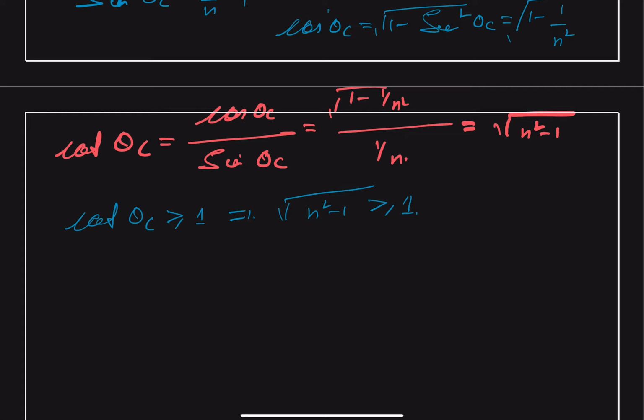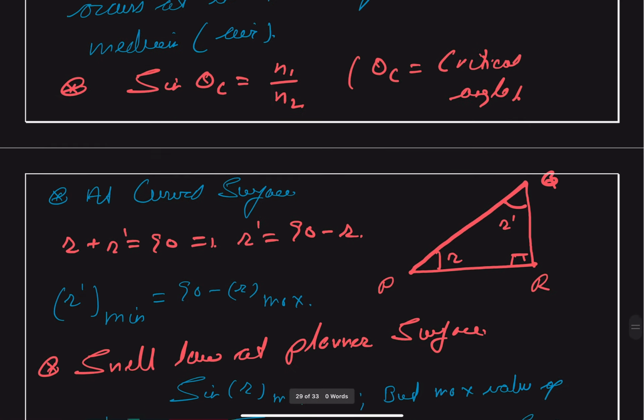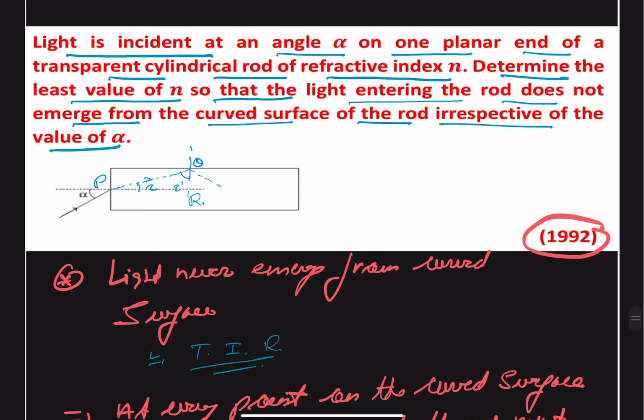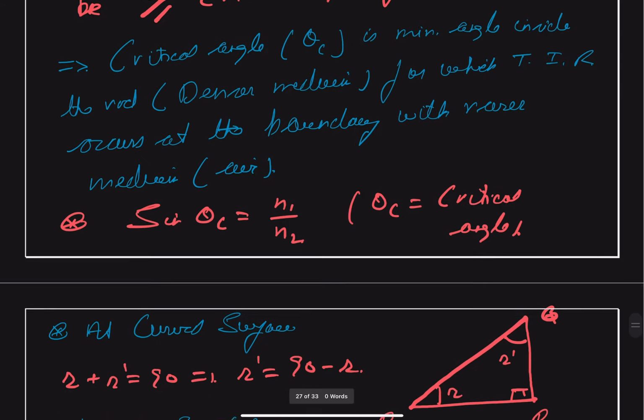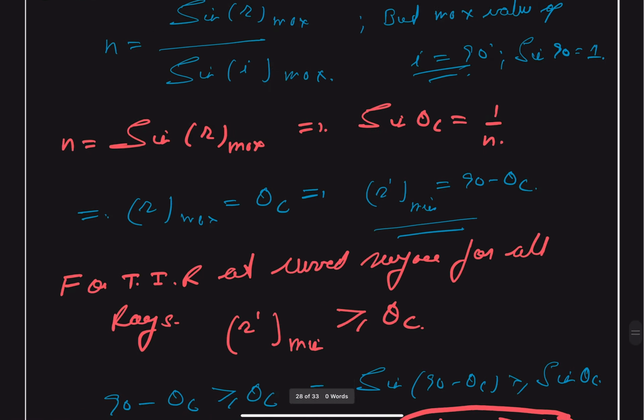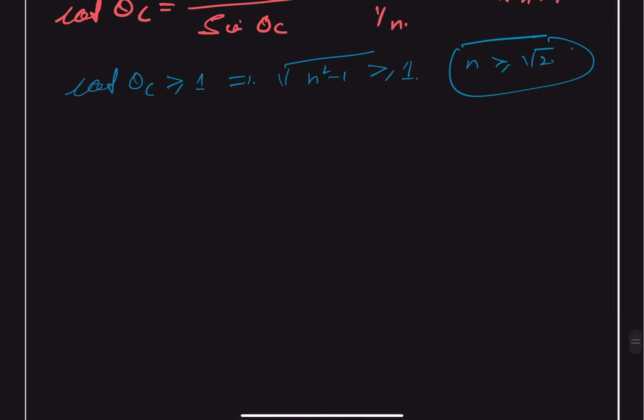We can write this as n should be greater than or equal to square root of 2. Okay. So this is our value of the refractive index which we are supposed to find out. We have to find the least value of n, so the least value of n will be equal to square root of 2.